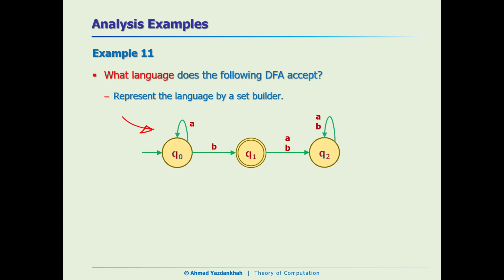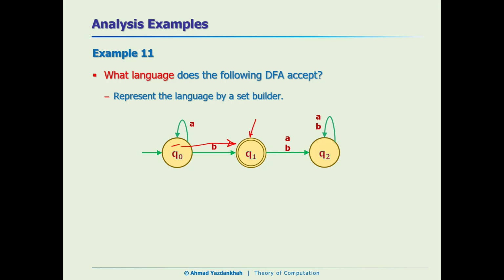Let's start from the Q0. As you see here, we have a loop that has A. So it means that if I put any number of A's, the machine loops here and stops here, right? So any number of A's stops here, and when the machine reaches the first B, it goes this way, right?